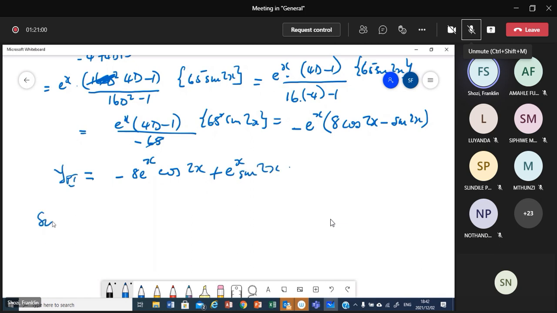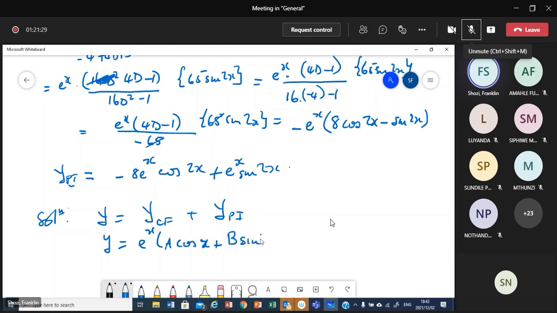What is your solution finally? Your y is what? It's your YCF plus your YPI. Your YCF was what? Your YCF was e to the power x into a cos x plus b sine x, plus e to the power x sine 2x.